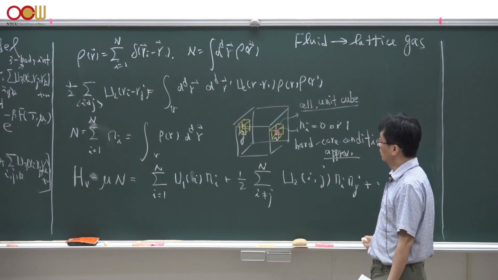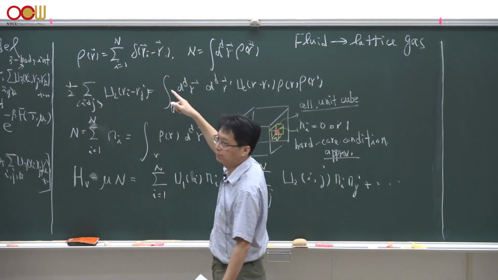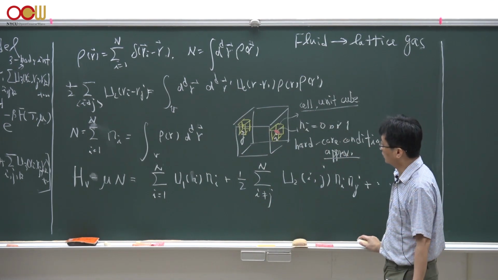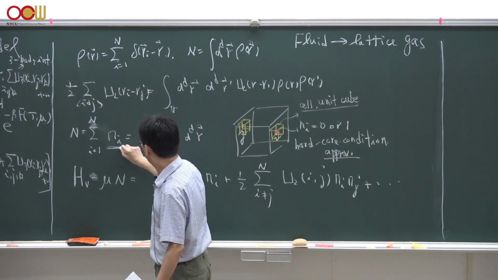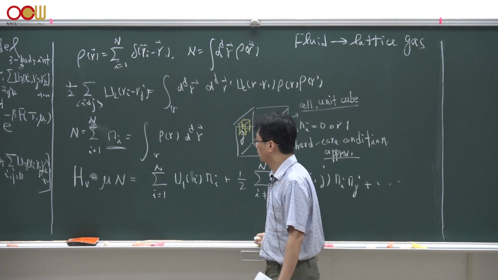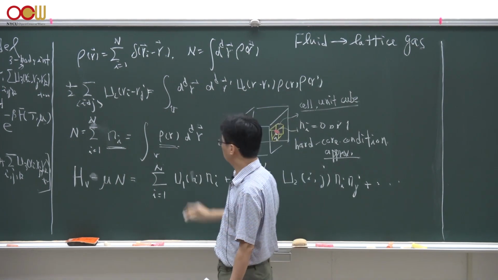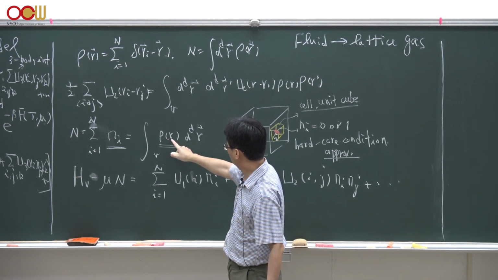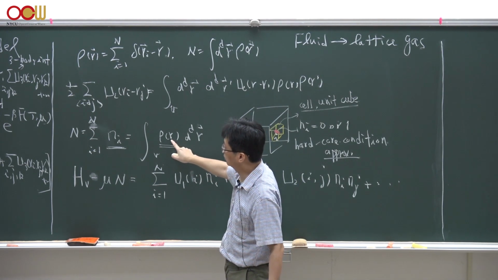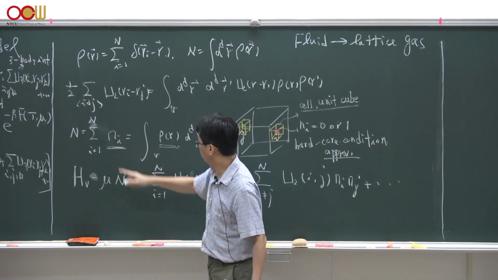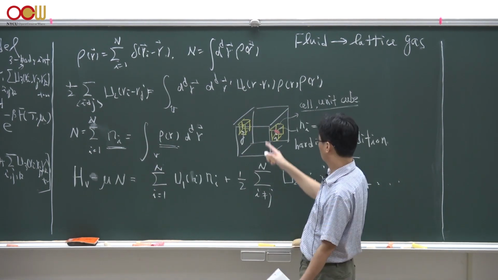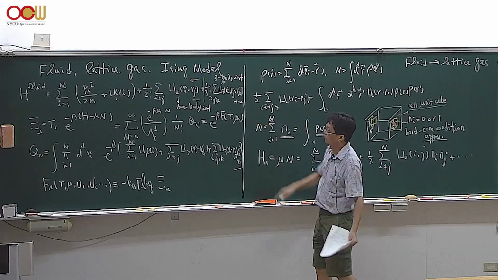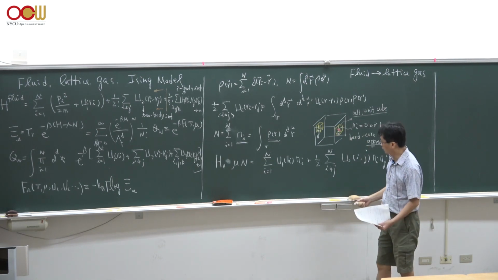This density of particles is a bunch of delta functions in real space summed over all the indices, and you could approximately consider this occupation index n_i as the particle density rho in real space. So you could change your variables from the position vector of each particle or molecule inside the fluid to a unit cell index i over the same volume. So the continuous variables of the fluid problem are mapped onto discrete unit cells.